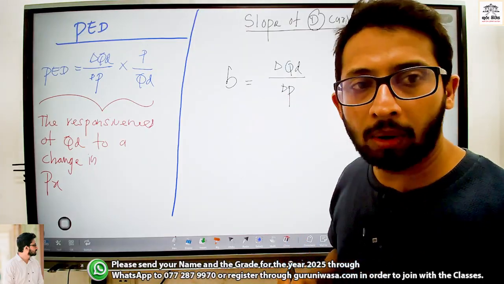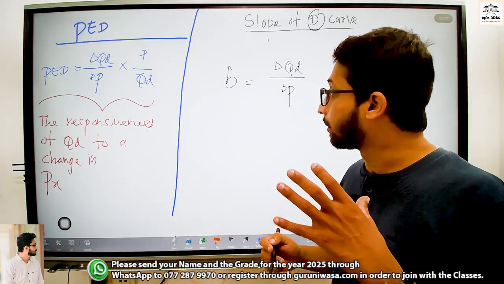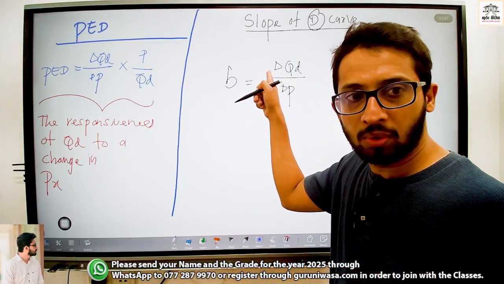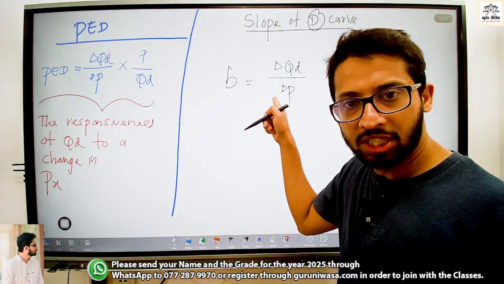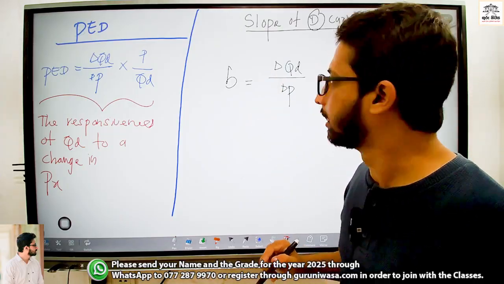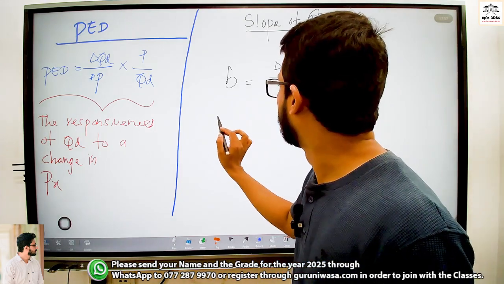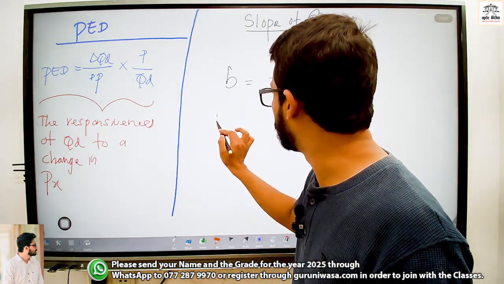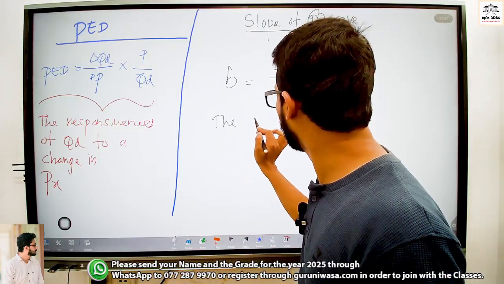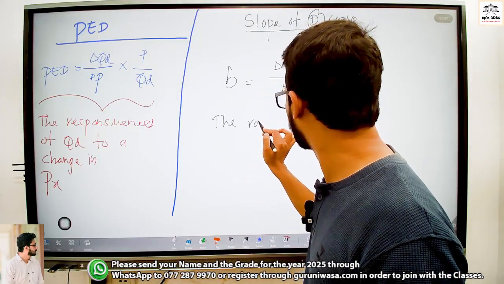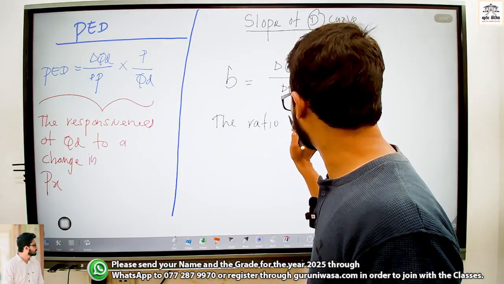Remember, slope measures the ratio between change in quantity demanded and change in price.